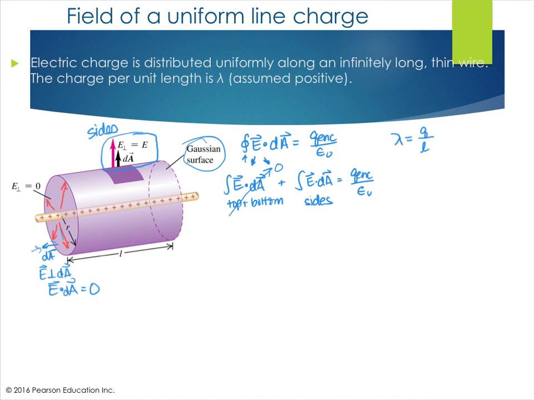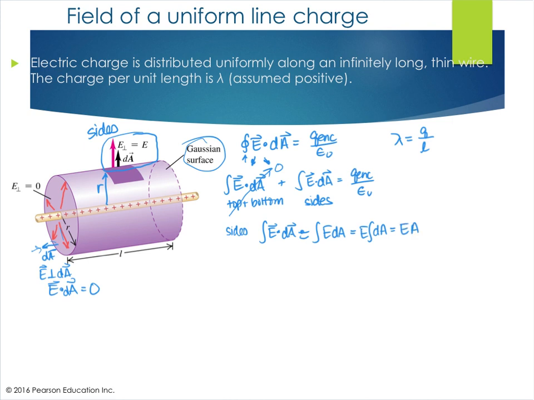Now, for the sides, we have E dot dA, but because they're parallel, we can just write it as E dA, and because the electric field is going to be constant, since the sides are a constant distance from the line of charge, we can take the E out of the integral, and we get just E times A.